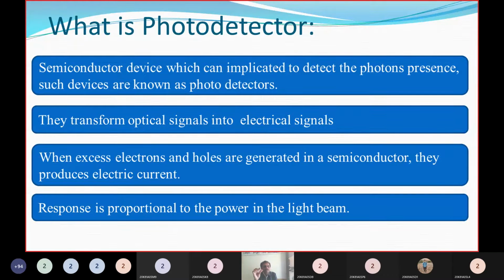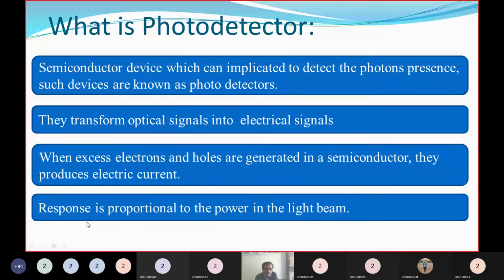Then only will it detect even very weak light. Understood? If you want to use a PN junction diode as a photodiode, the band gap should be very small, then only will it work very accurately, because the band gap should be minimum. Then it will absorb even very weak light and produce current through the circuit.